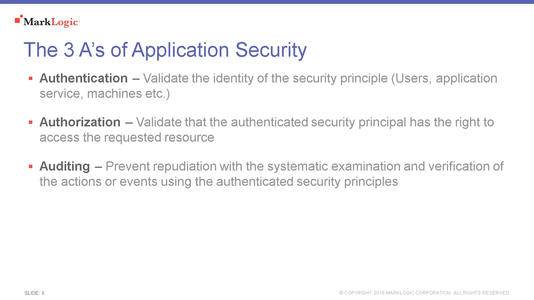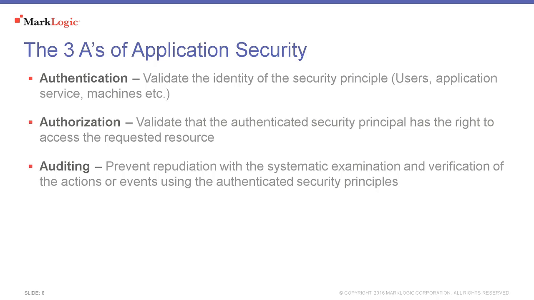So let's look at the 3 A's of application security. So we have authentication, authorization, and auditing. Authentication is validating the identity of the principal. Now, a principal can be a user, an application, service, or a machine. And once a principal is authenticated, it becomes a security principal.